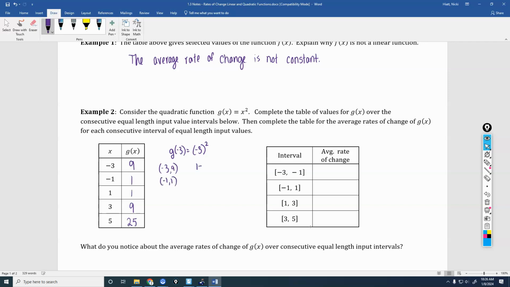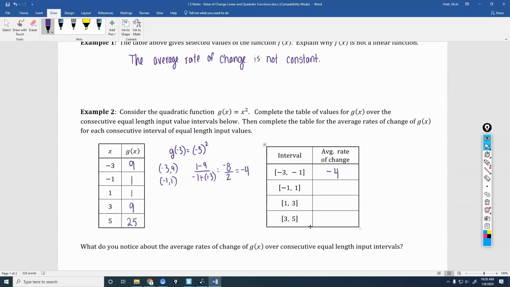You could do 1 minus 9 over -1 minus -3. Did I do that right? Yeah. And I will get -8 over, that'll be a +2, and I'll get -4. So -4 will be my average rate of change.